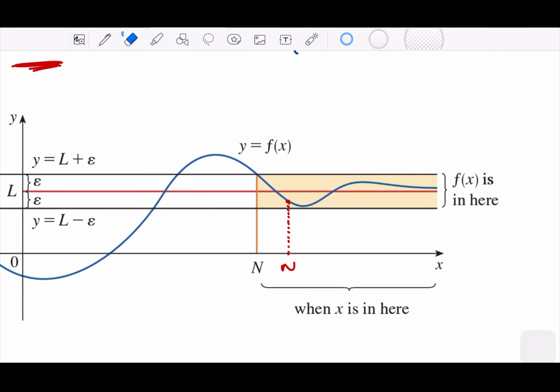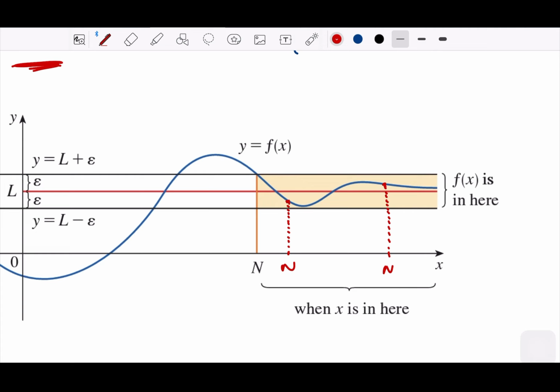And when we take N greater and greater, maybe here, the corresponding function value is still inside this range. It's inside this particular distance epsilon.